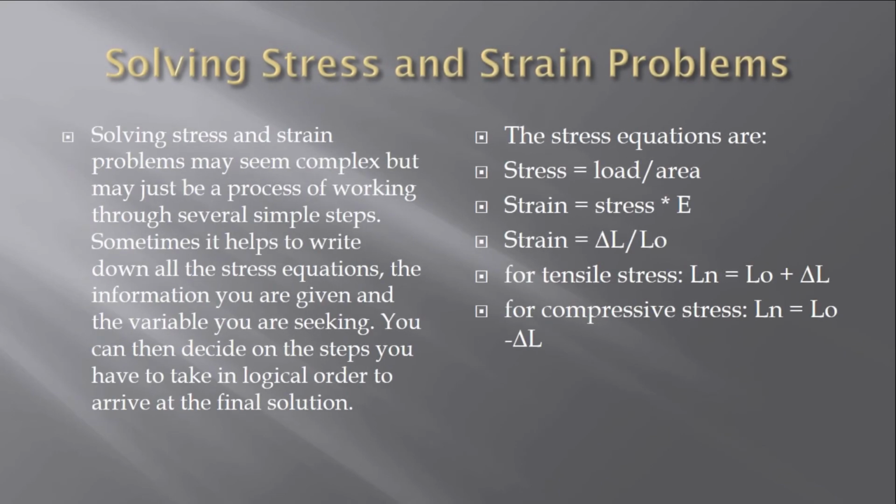Solving stress and strain problems may seem complex, but may be just a process of working through several simple steps. Sometimes it helps to write down all the stress equations, the information you are given, and the variable you are seeking. You can then decide on the steps you have to take in logical order and arrive at the final solution.